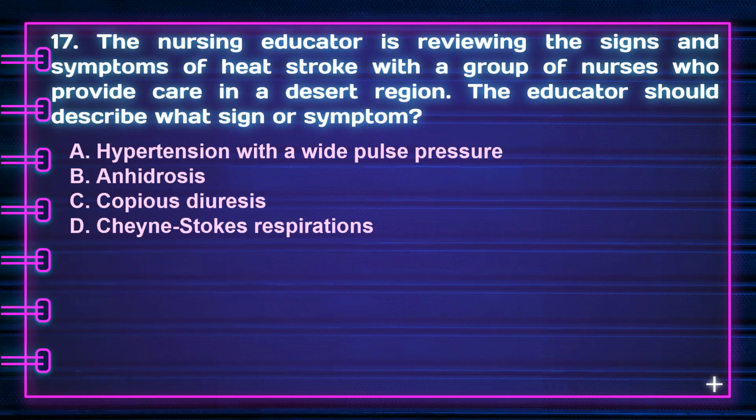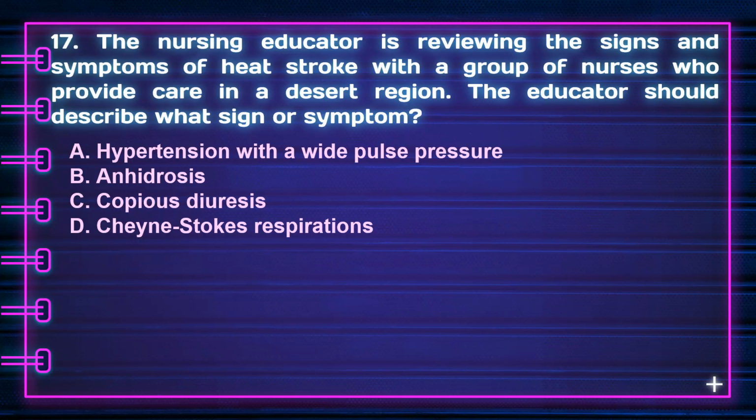Of course, the signs of heat stroke include confusion, bizarre behavior, and elevated body temperature. There is hot dry skin, tachypnea, hypotension, and tachycardia. So the health problem is actually not associated with anhydrosis or Kussmaul respiration.